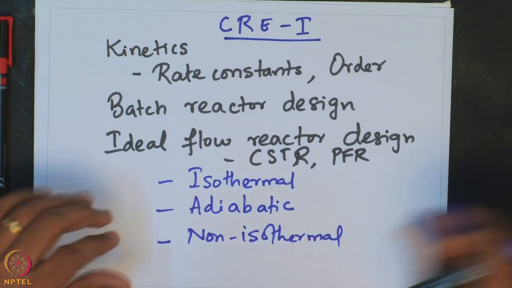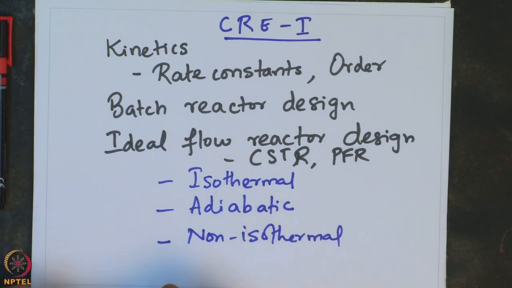So, in the second level Chemical Reaction Engineering course that we will be covering in this class, we would essentially develop further on the material that you have learned in the first level of Chemical Reaction Engineering or CRE.